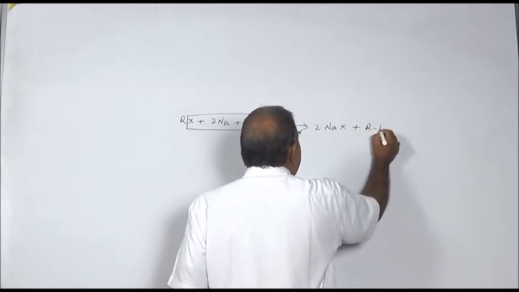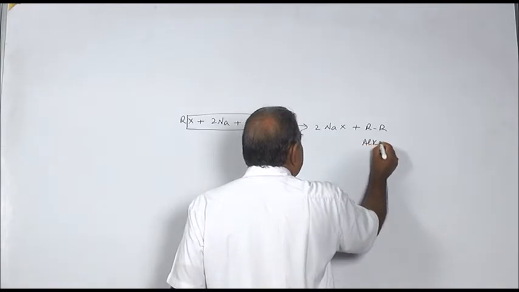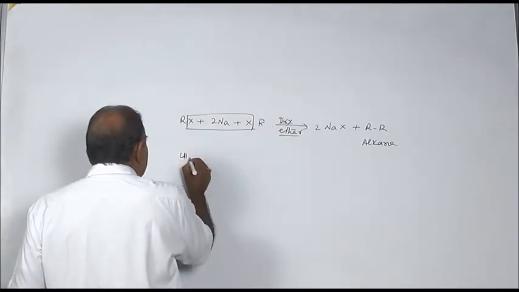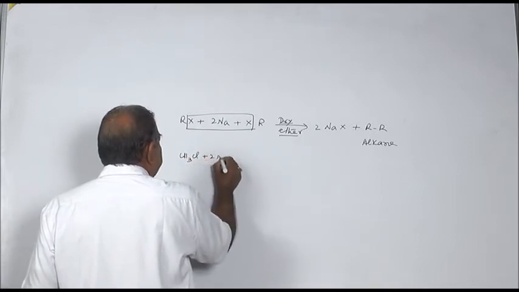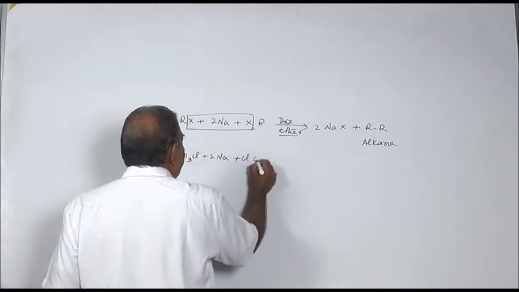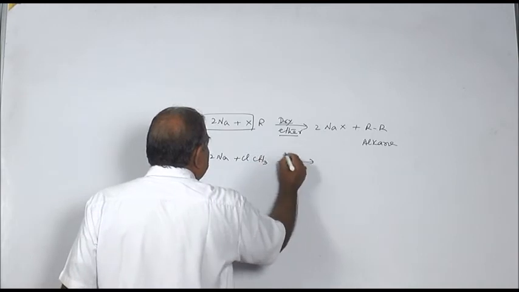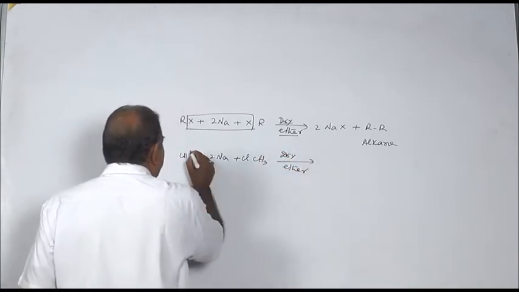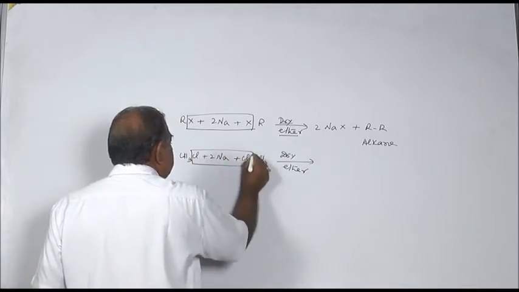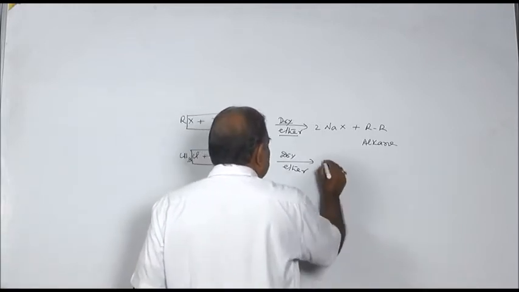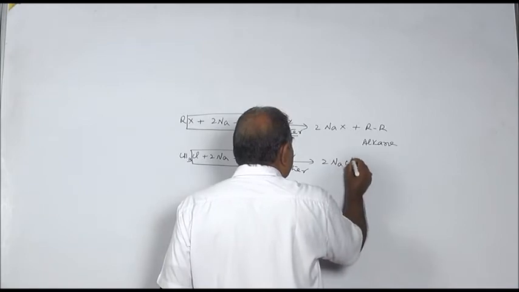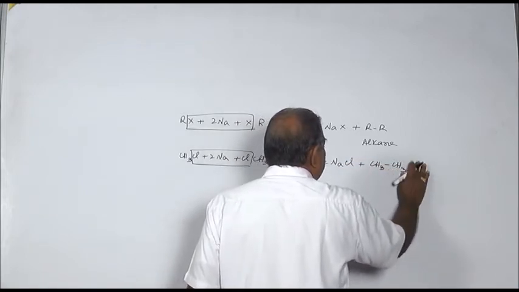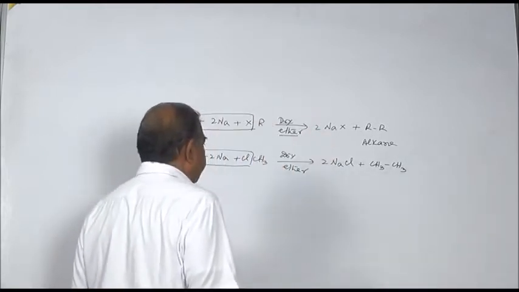You are getting R-R, which is an alkane. For example, if we take methyl chloride with sodium in presence of dry ether, there is elimination of sodium chloride and you are getting ethane. So you can see the number of carbon atoms increases.